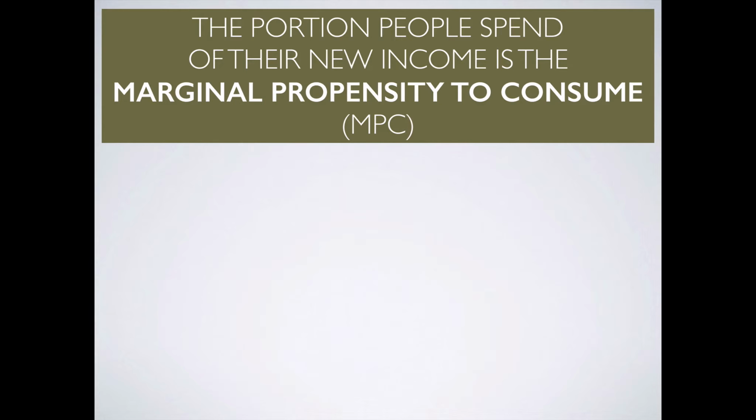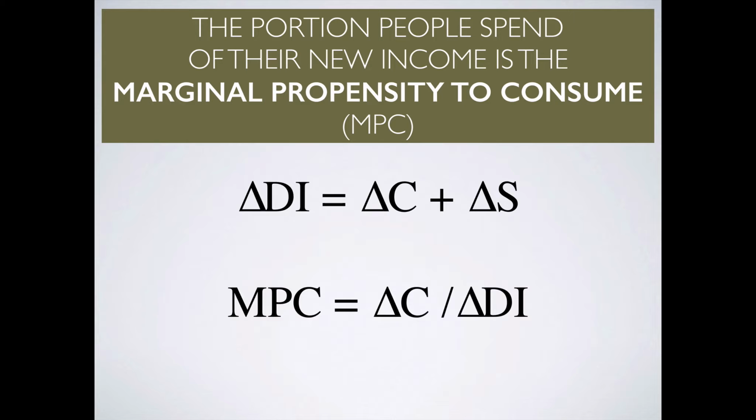Now, the portion that people spend of their new income is called the marginal propensity to consume, or the MPC. So we get to the MPC by saying, if there's a change in disposable income, delta DI, that's a change in consumption and a change in savings. The question is, how much does consumption change given a certain change in disposable income?